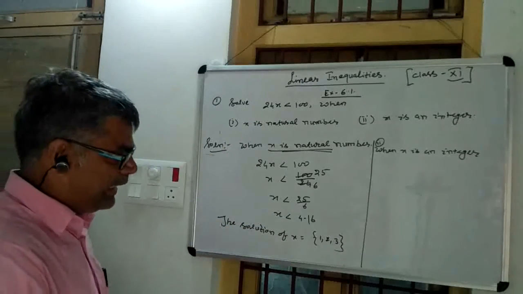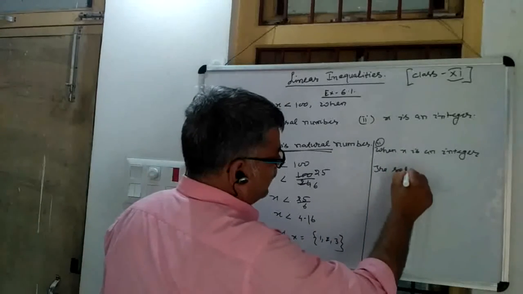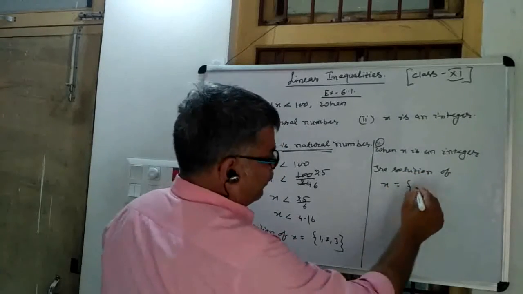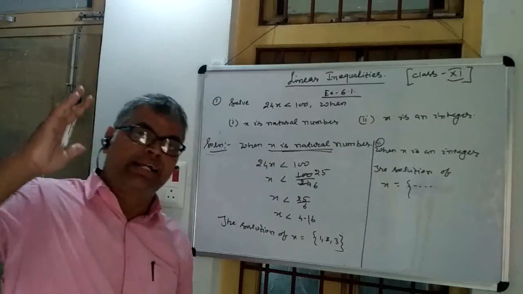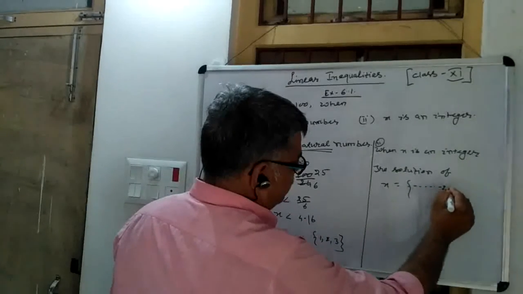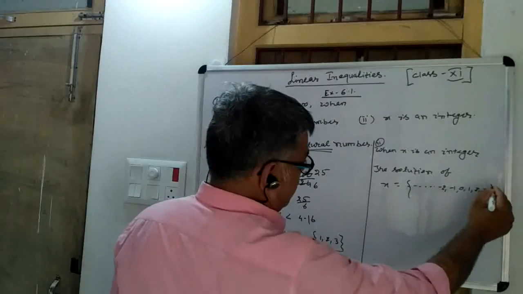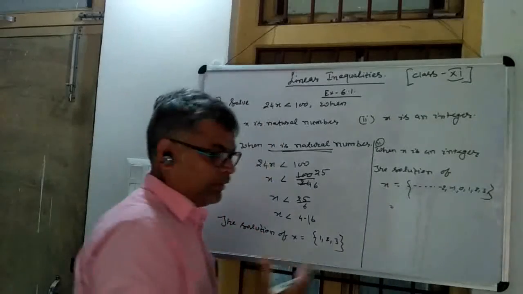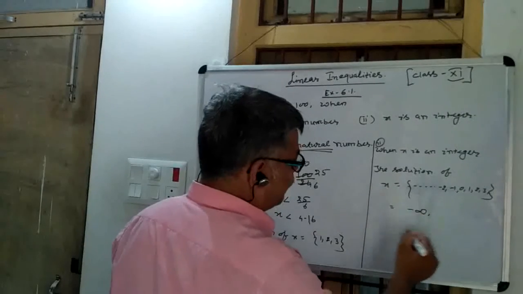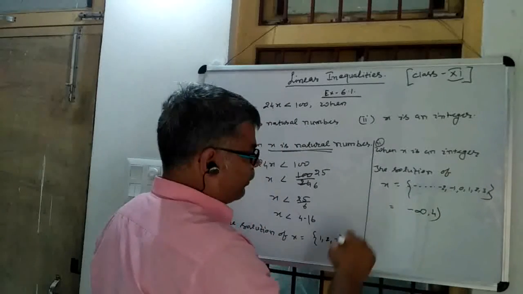So when x is an integer, the solution of x equals dot dot dot, up to infinity on the negative side, -2, -1, 0, 1, 2, 3, that's all. Or you may write it in interval form, like -infinity to 4. This is an open interval, because 4 is not included.